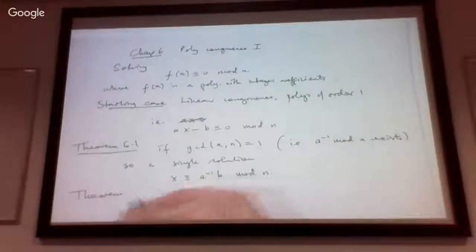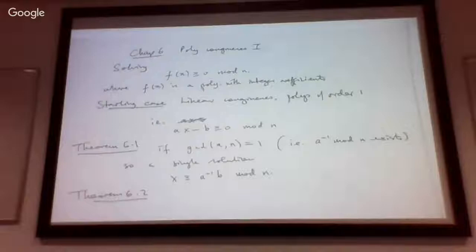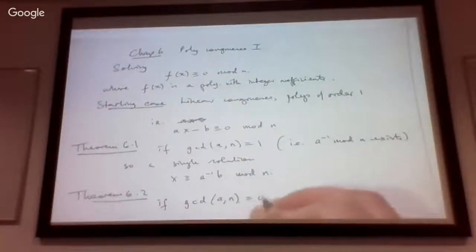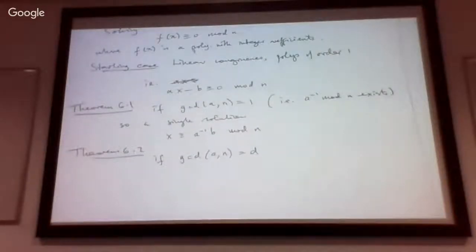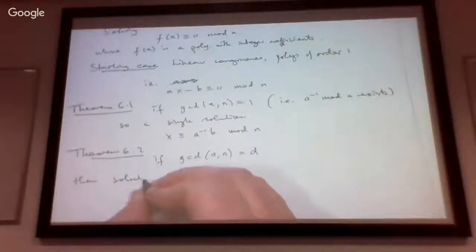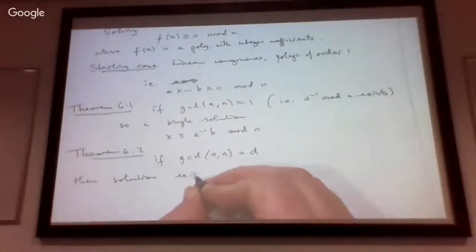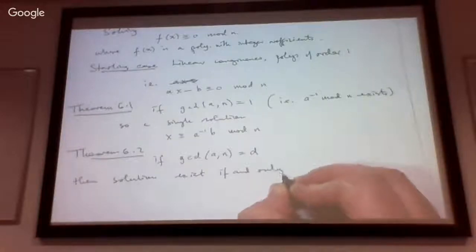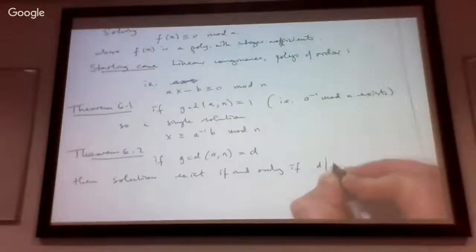That's fine, but what if it isn't coprime? What about in general, for general GCDs? Well, we proved yesterday that solutions exist if and only if d divides b.